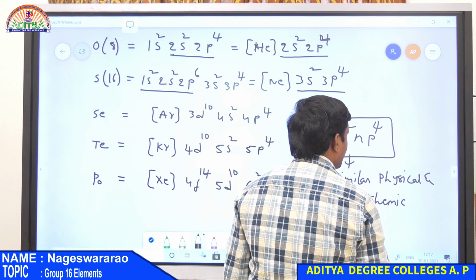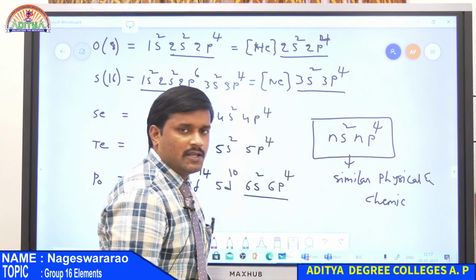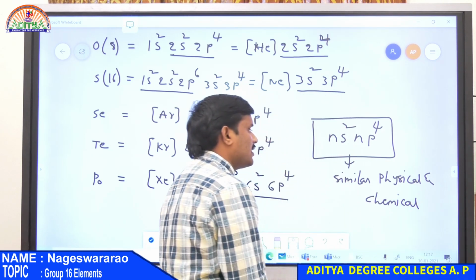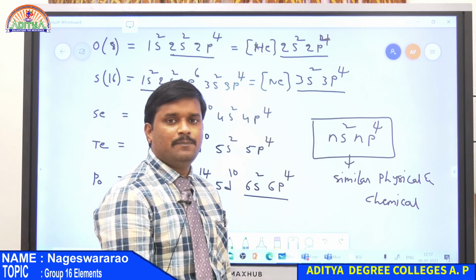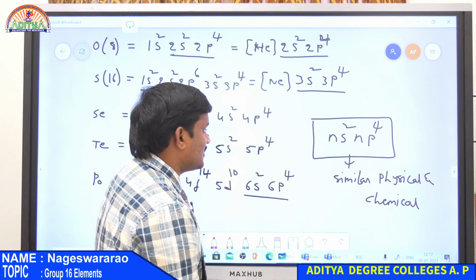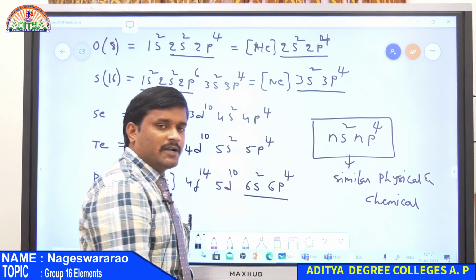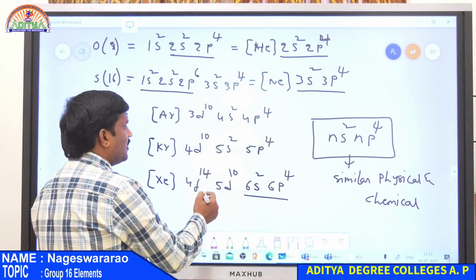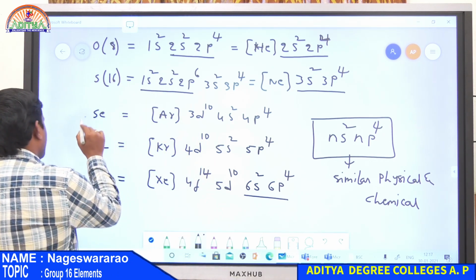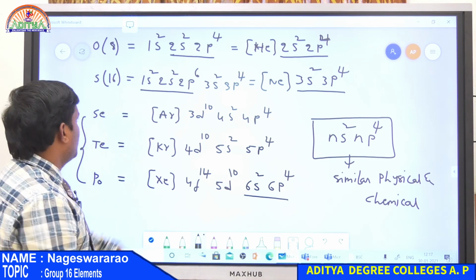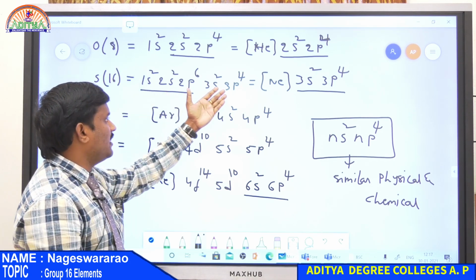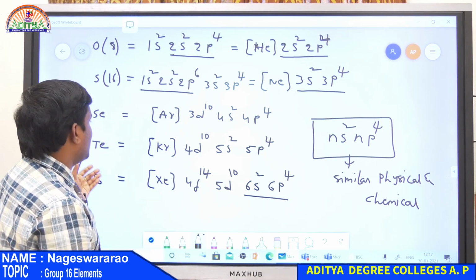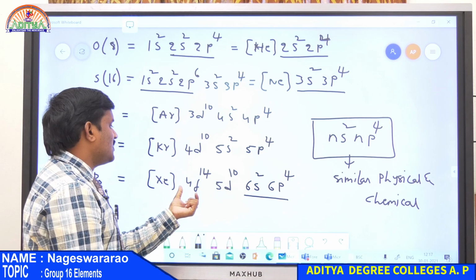The similarity in physical and chemical properties is due to all having the same general electronic configuration, that is ns2, np4. But there are some differences in their physical properties, due to the presence of d as well as f orbitals in the case of selenium, tellurium and polonium. In the first two elements there is no d or f orbital, whereas these three elements have d as well as f configurations.